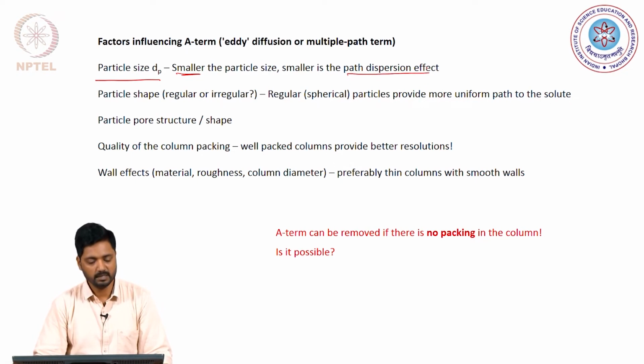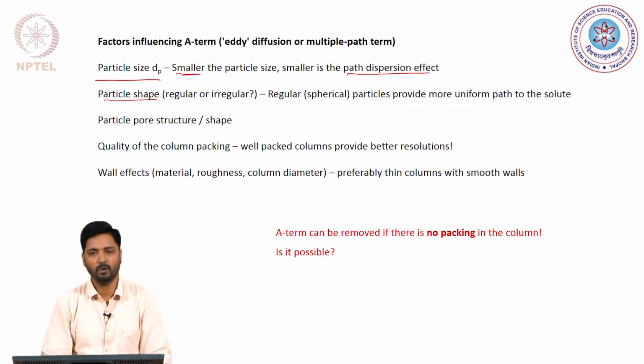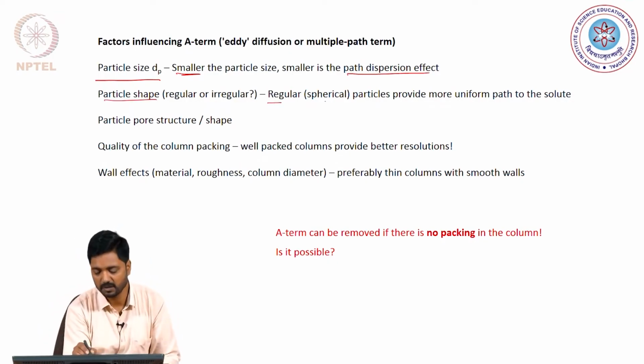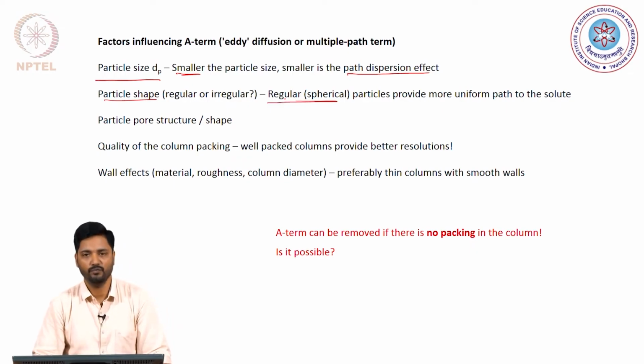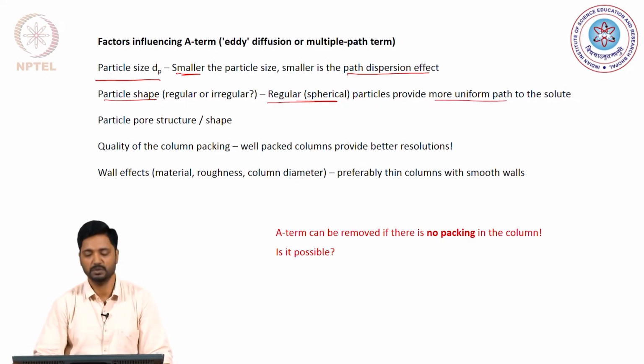Now, another point to be considered is the shape of the particle. We would want to be dealing with regular spherical particles of very uniform size, which are monodisperse in our terminology, because they provide a uniform path to the solute. So, the path differences are minimized if our particles are monodisperse and uniform.